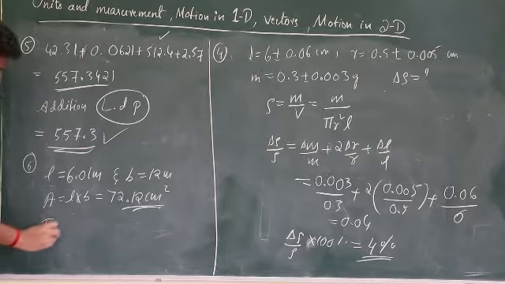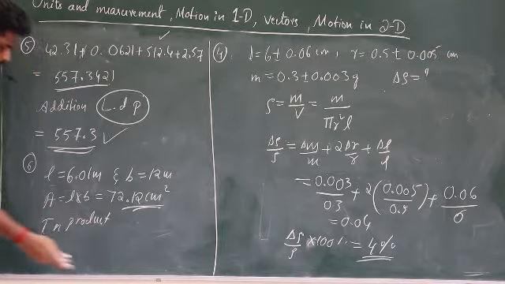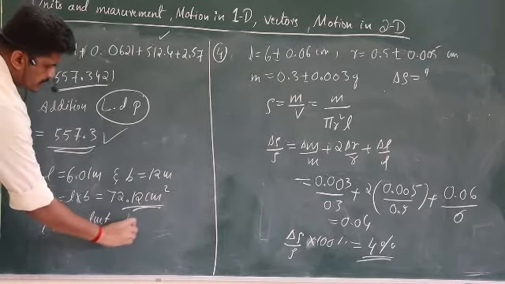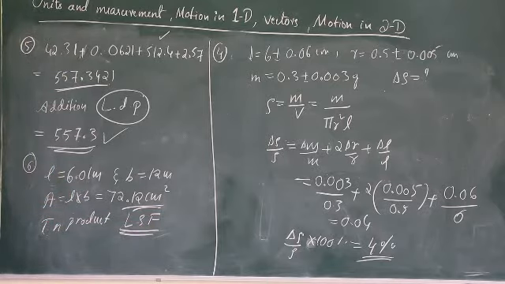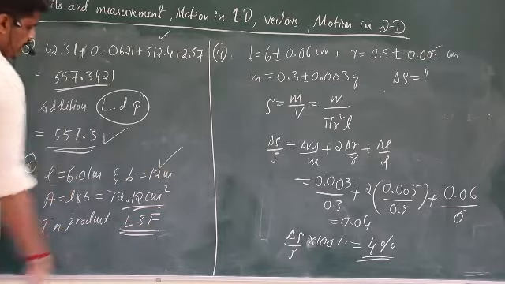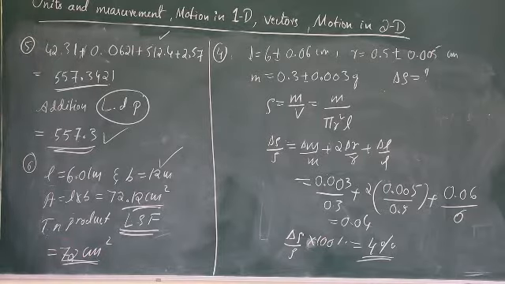Once you get this, you are supposed to deal with what? In product or division also, the least significant figure out of the given data, so you have to search. Which is that here? That is 12. Correct? So the answer should be 72 centimeter square, which is the correct answer.